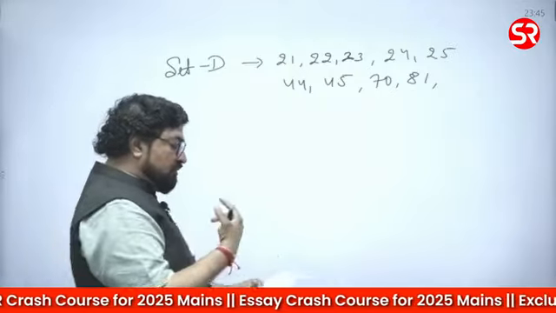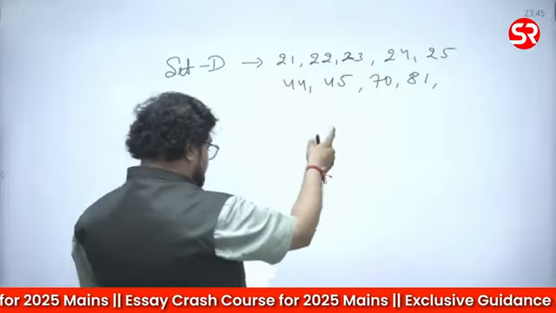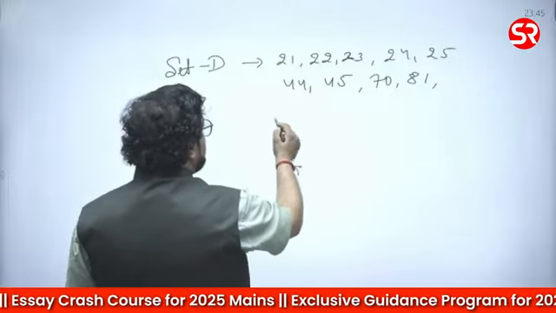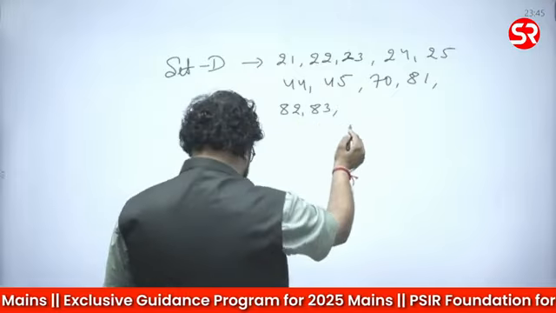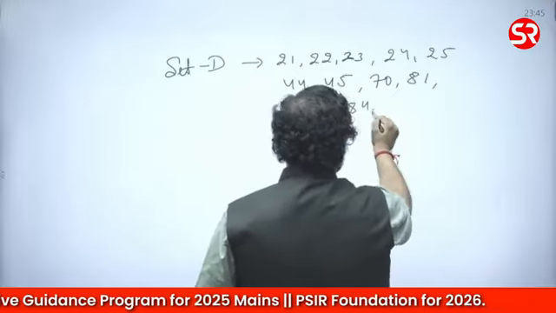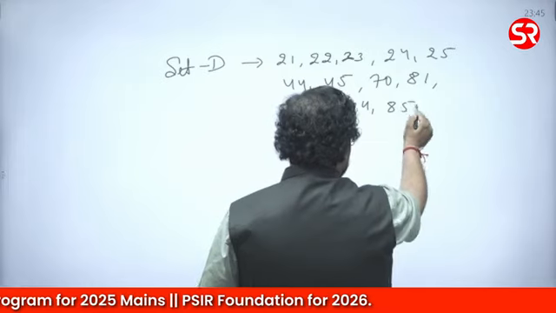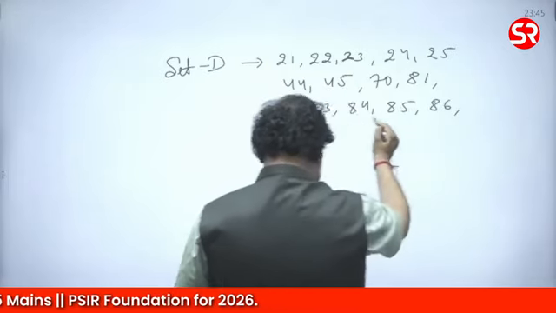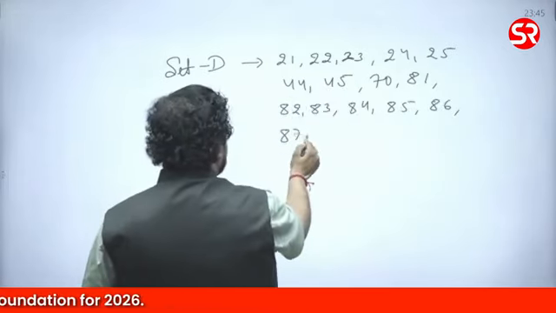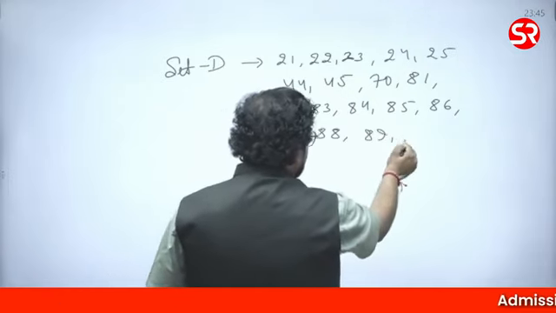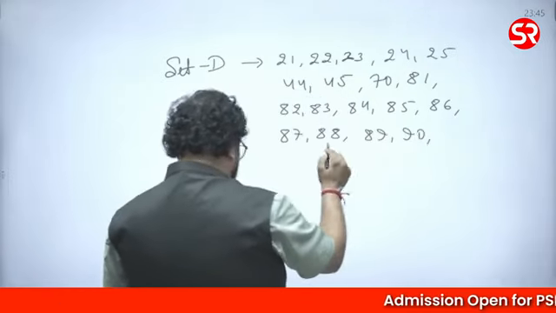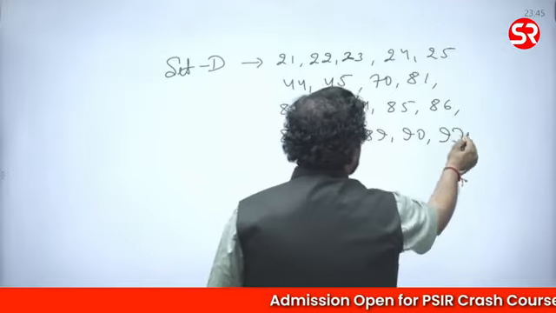Then coming further, there is a chunk of questions: 81, 82, 83, then 84, then 85, 86, then 87, 88, 89, question number 90, and then finally 99.